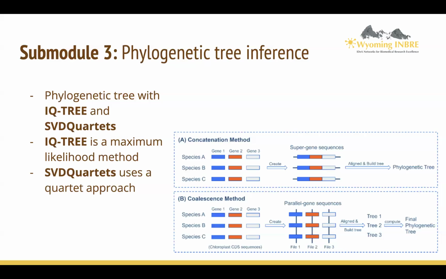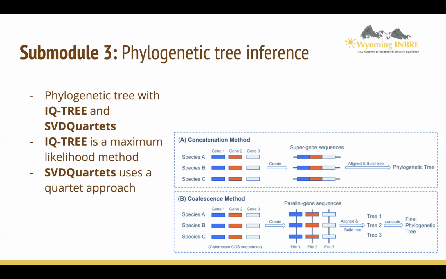The advantages of this approach include fast and highly optimized inference, strong statistical support, especially with many loci, and it allows for complex models of sequence evolution. However, concatenation assumes that all loci shared the same evolutionary history, and this assumption may be violated when incomplete lineage sorting or gene tree discordance is present.